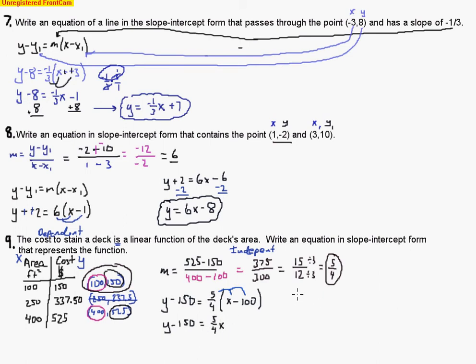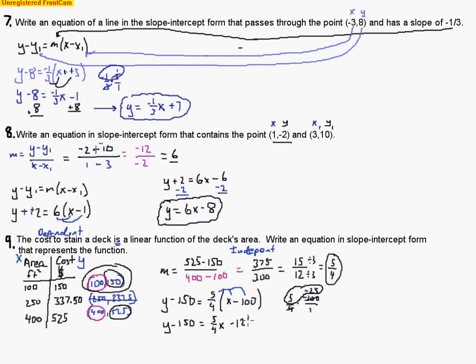Now, again, off to the side, we might want to rewrite that 5/4 multiplied by negative 100 to see what's left over. When I do that reducing, 4 goes into 100 25 times. So negative 25 times the positive 5 gives me negative 125.